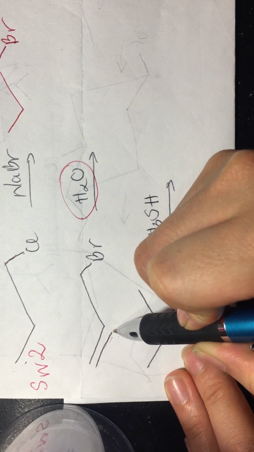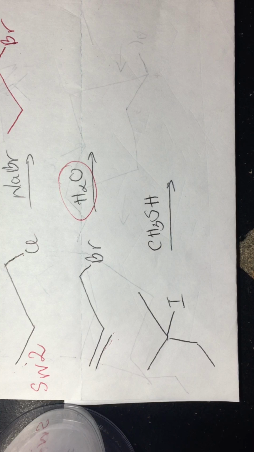Even though it's primary, it is in the allylic position. So this one can also do SN1 reaction and is even really reactive because resonance is a major factor to stabilize the carbocation of SN1 reaction.